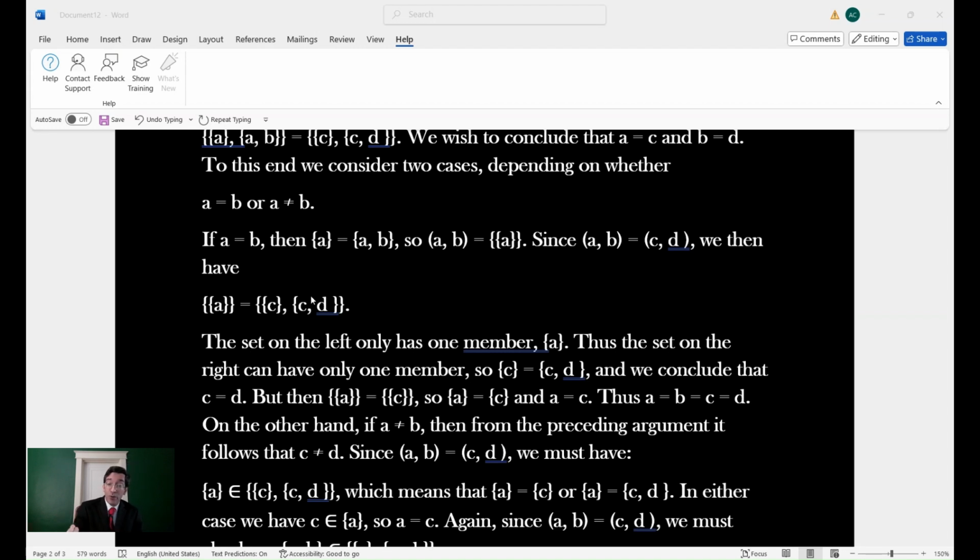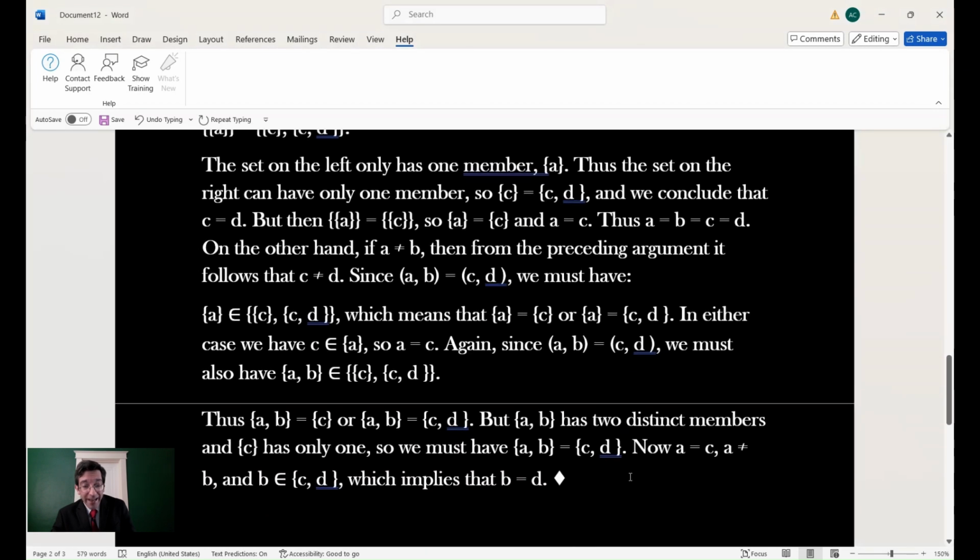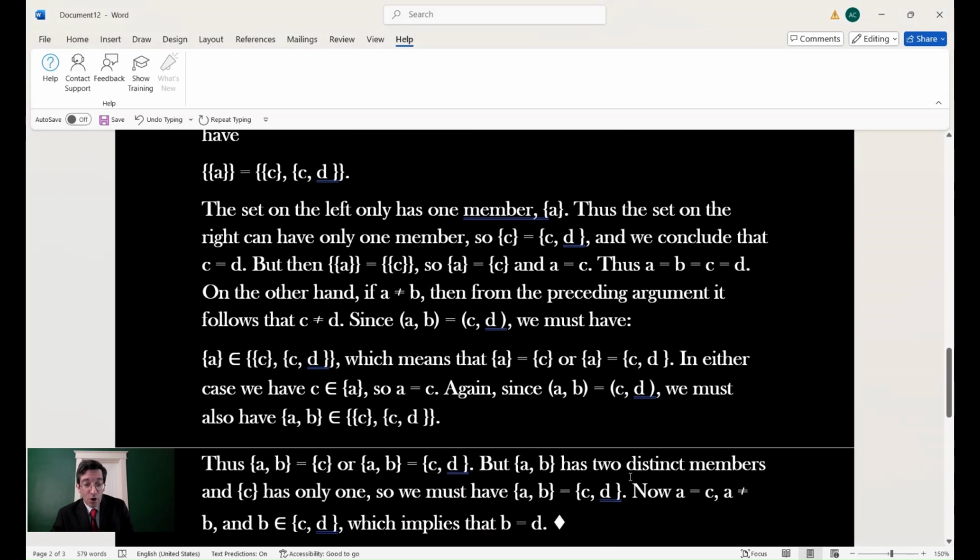And thus we conclude that c equals d. And furthermore, since a is equal to c, we obtain that a is equal to b, which is equal to c, which is equal to d. And our proof is very much completed here as required.